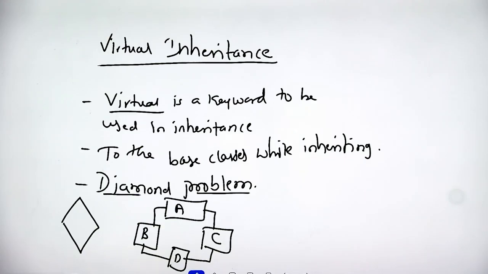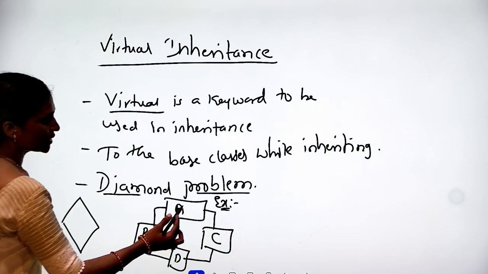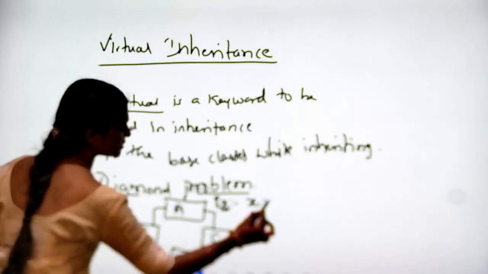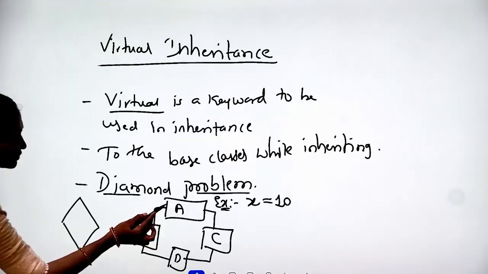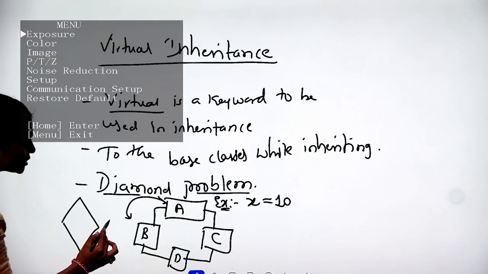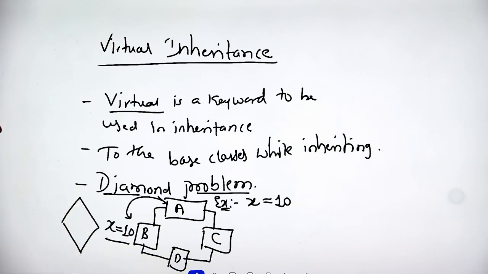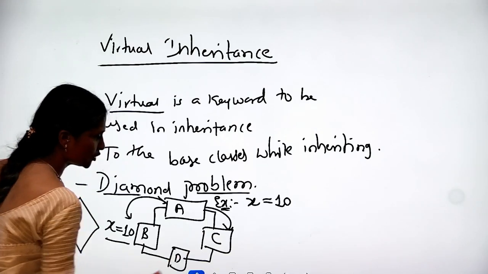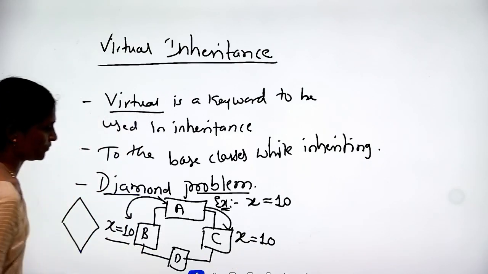Let's consider an example where class A contains the variable x, initialized with 0. It will be inherited in B, so the x copy is present in B, that is x value is equal to 0. Again, it's inherited to C, and the x copy again becomes 10.